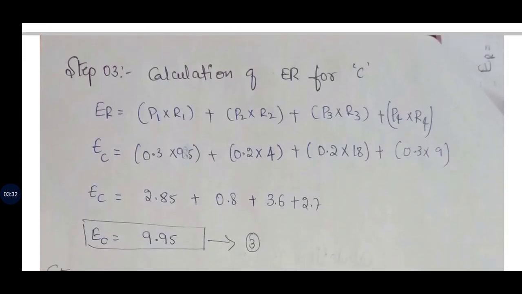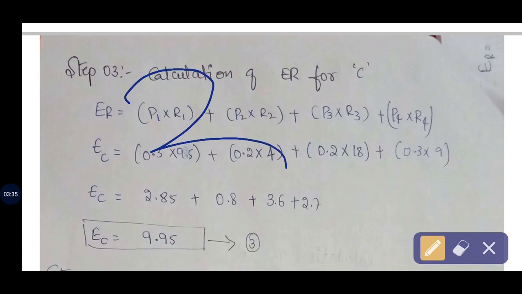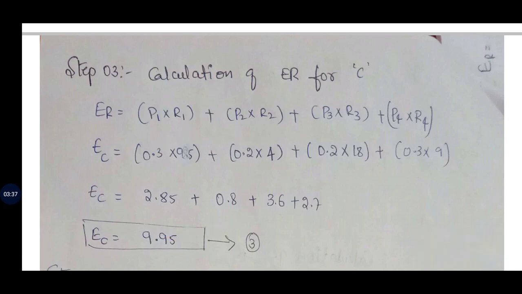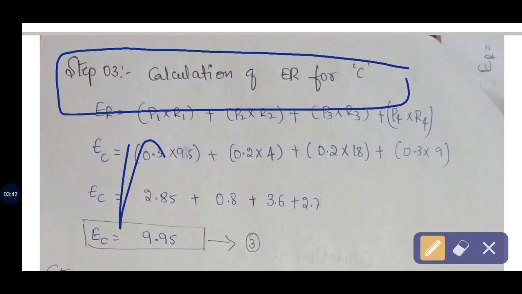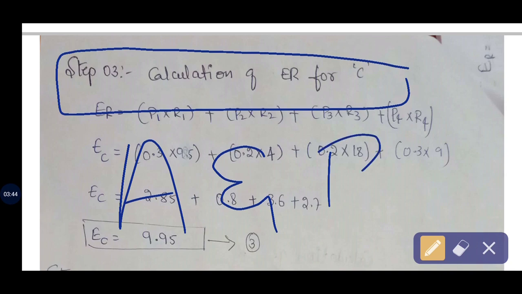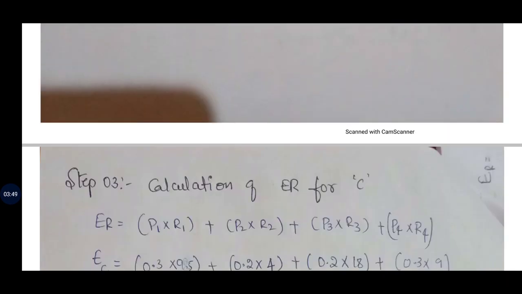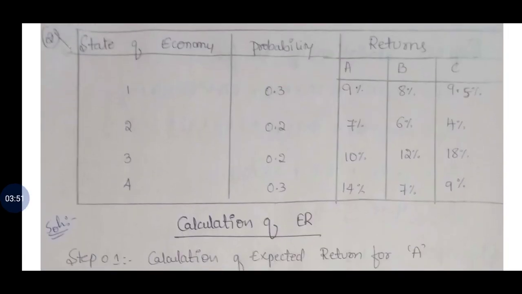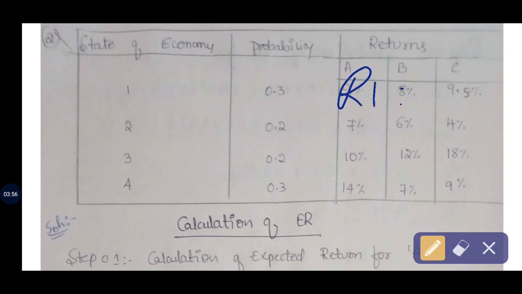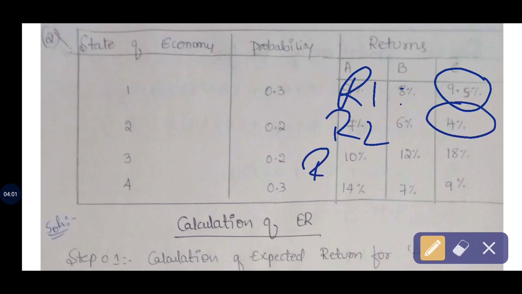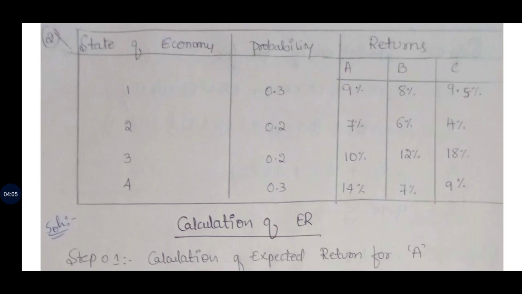Third, as we have three securities here, the next step is calculating for C, as we have calculated for A and B. Same method. First we'll look at the returns. R1 is 9.5%, R2 is 4%, R3 is 18% and R4 is 9%.